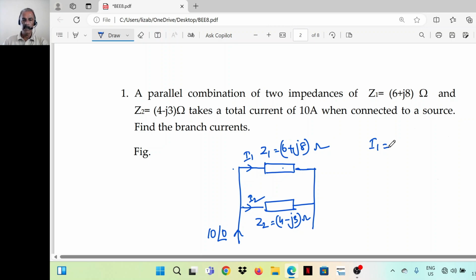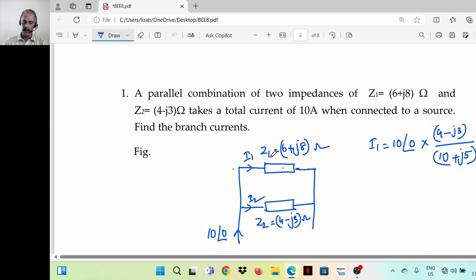Let's take that quantity as the reference, that is 10 angle 0, into the impedance on the opposite side, that is 4 minus J3, divided by the sum of the impedances. The sum of the impedances is 6 plus 4, 10, and 8 minus 3, 5, so 10 plus J5. That is Z1 plus Z2.